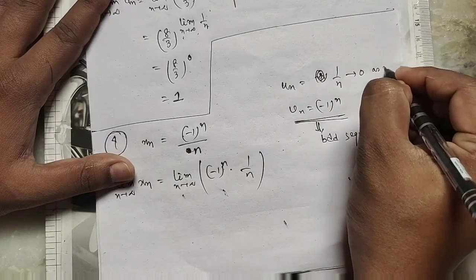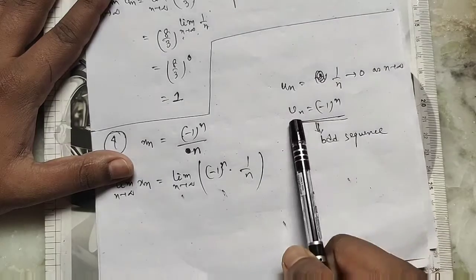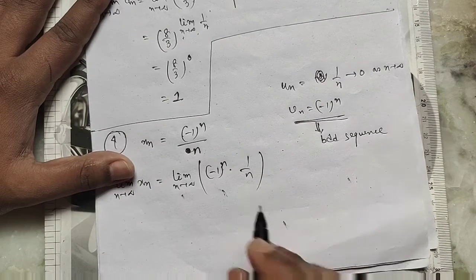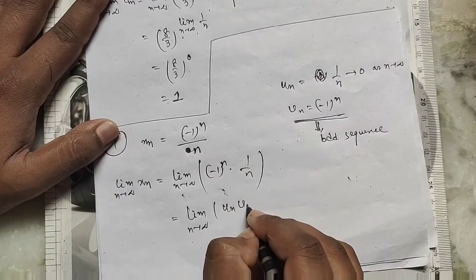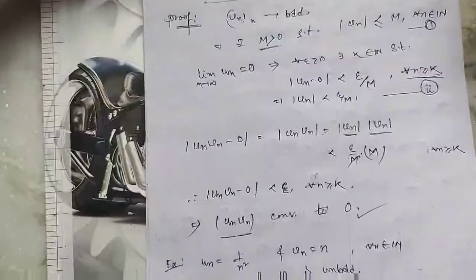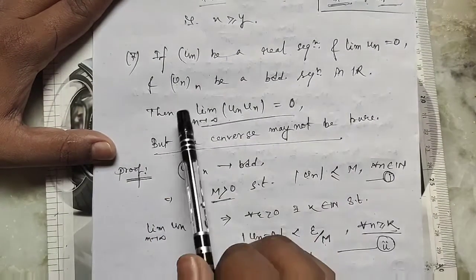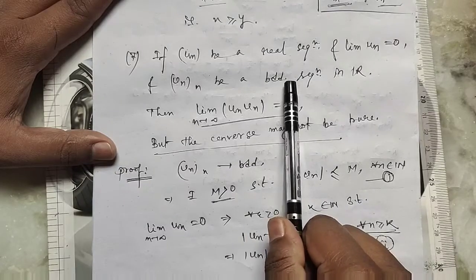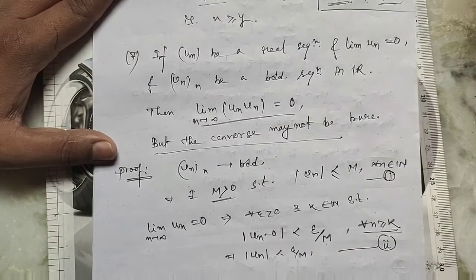And un converges to 0 as n tends to infinity. Okay, so un is a real sequence converging to 0, and vn is a bounded sequence, and this is un vn. Okay, so by this result: if un is a real sequence and limit un equal to 0 and vn is a bounded sequence in R, then the limit of un vn must be 0.